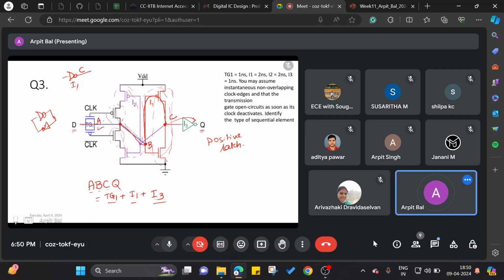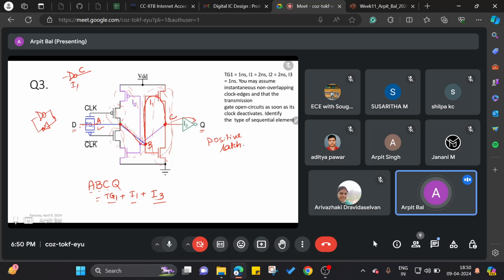For finding the T setup, I need to ensure that the data is stable at the negative clock. If I have to ensure that the data is stable even till the negative part, I need to traverse the path.